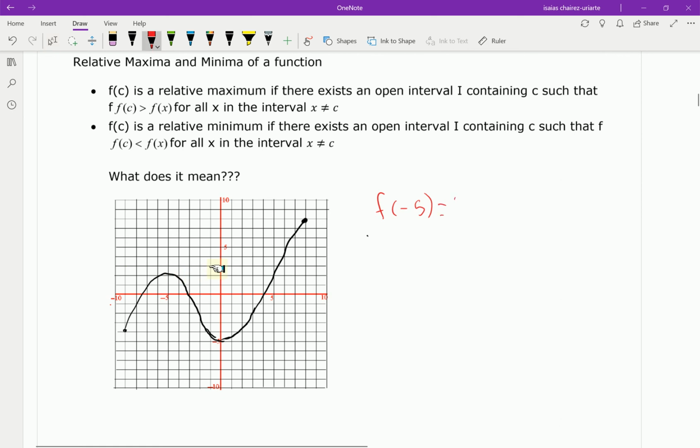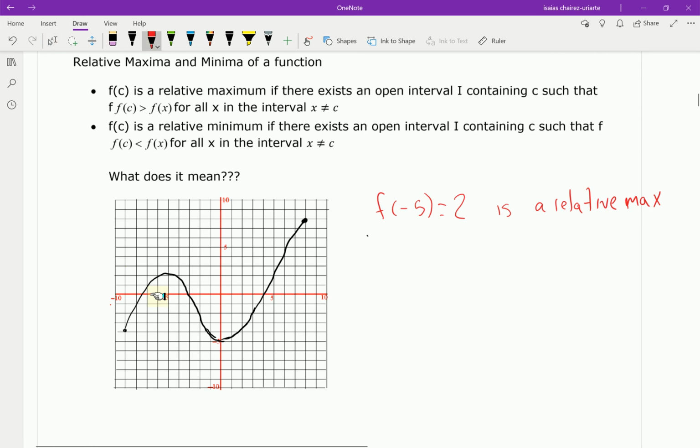So f of -5 is a relative maximum, because for any x value that's around -5, f of -5 is bigger than f of whatever x value around here.